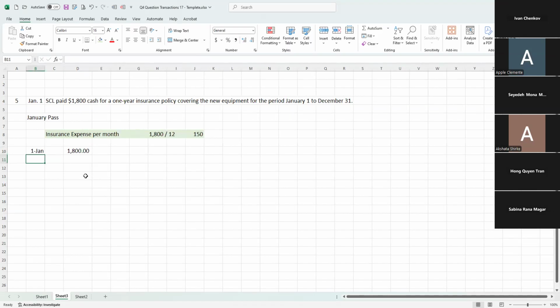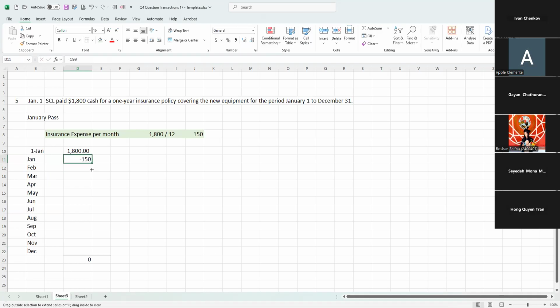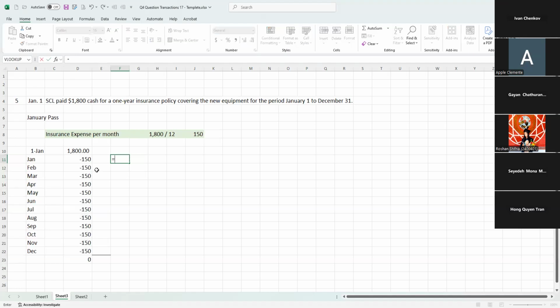So January, February, and keep going until December. And at the end of December, how much should my prepaid insurance be? Zero. So how much do I have to deduct every month? 150 every single month.